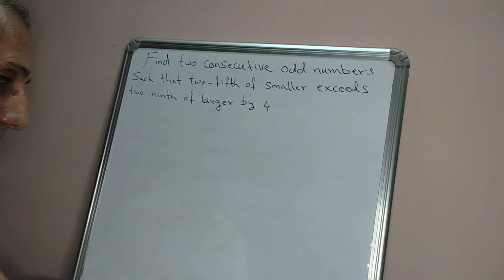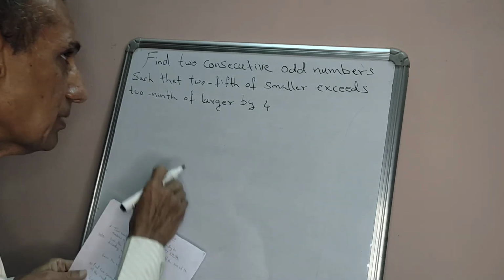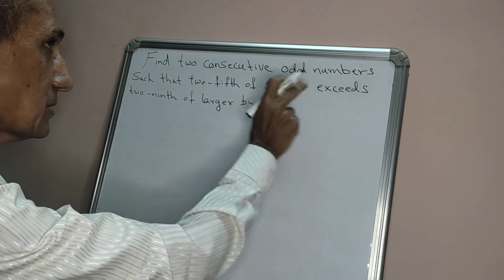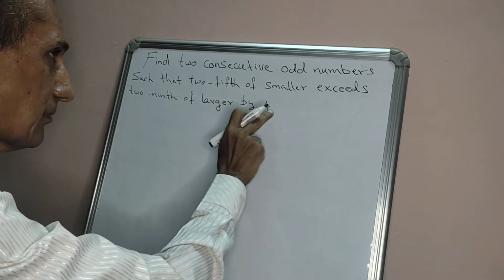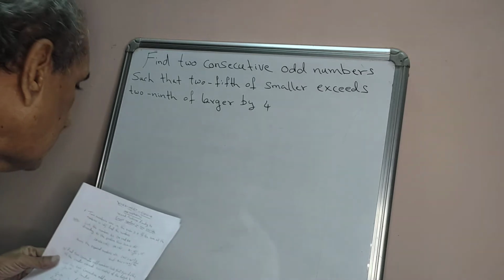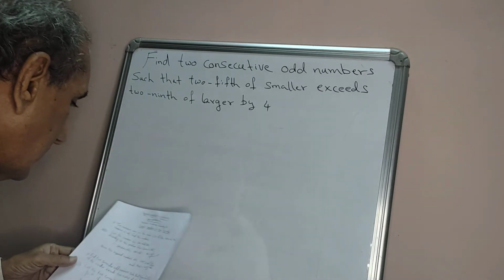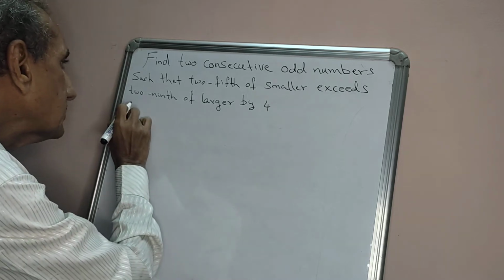Now he also says that 2/5 of the smaller exceeds 2/9 of the larger by 4. I'll explain in detail while solving the problem.